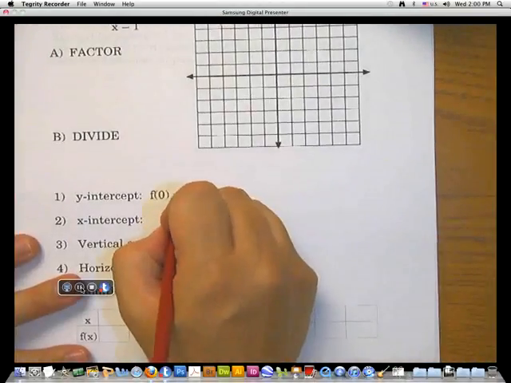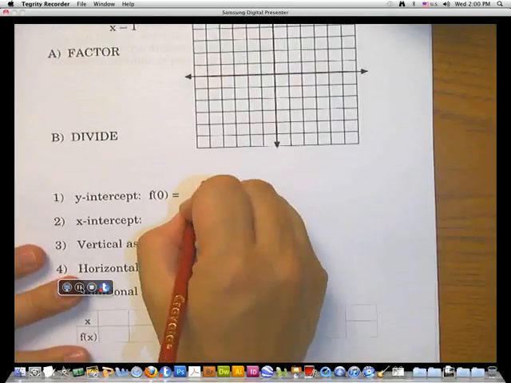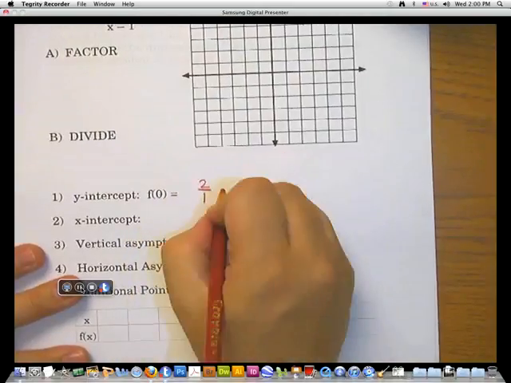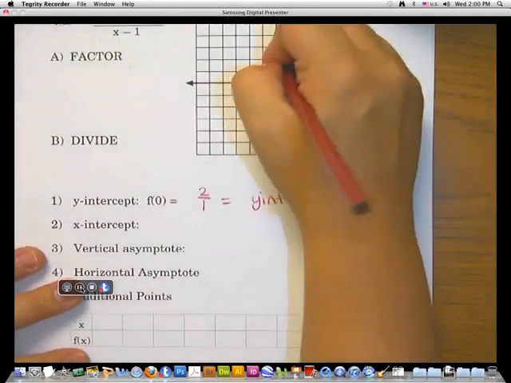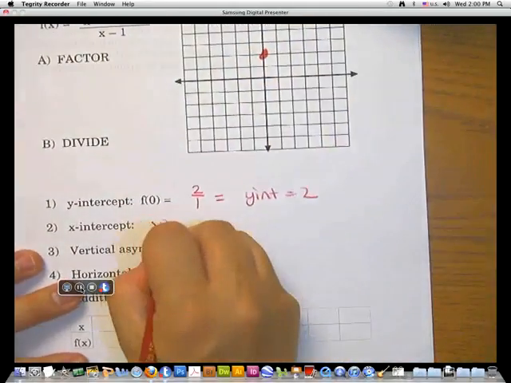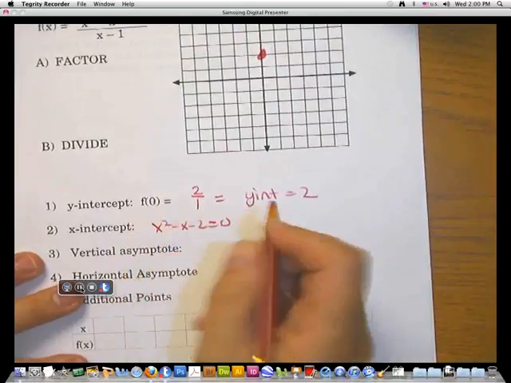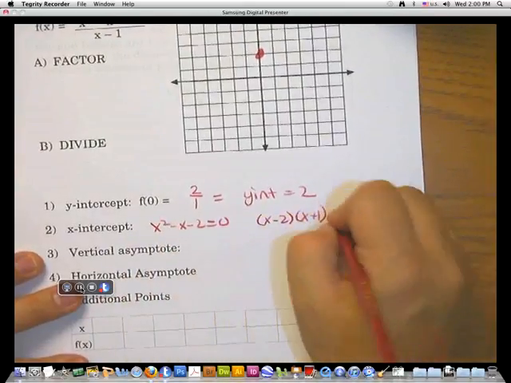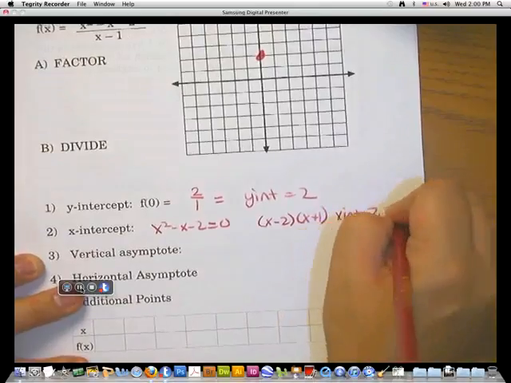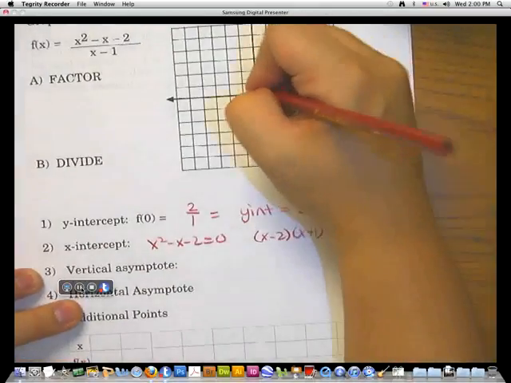Make x a 0 for the y-intercept, so we're going to come up with the constant over the constant, so the y-intercept is 2. The x-intercept is when the numerator equals 0. So we get 2 and -1.